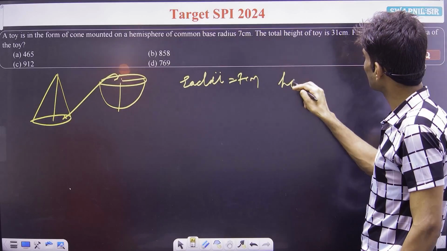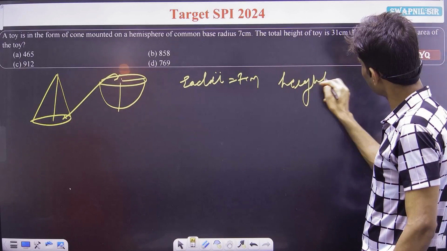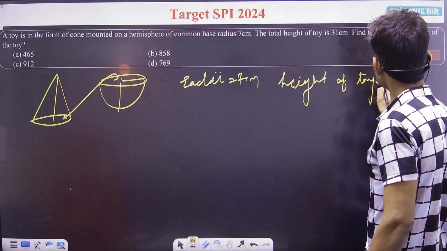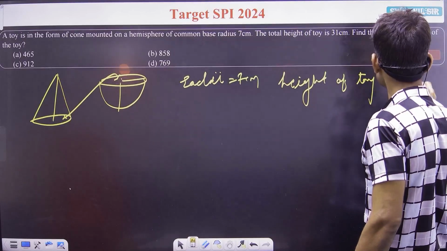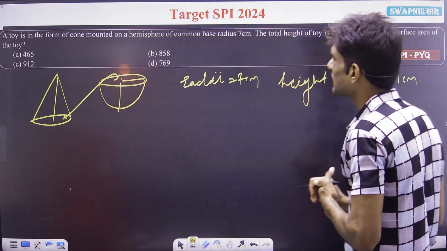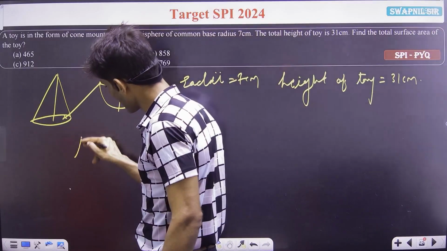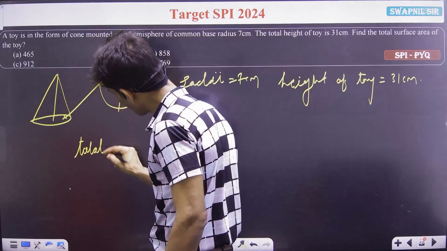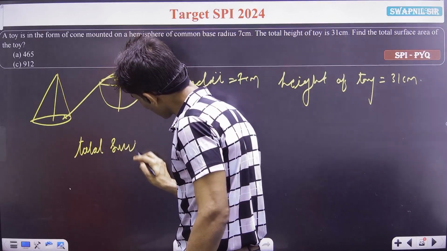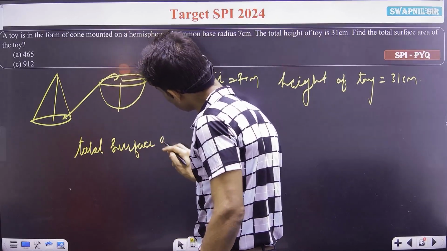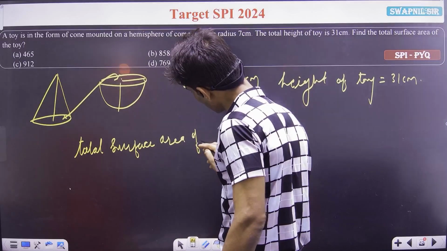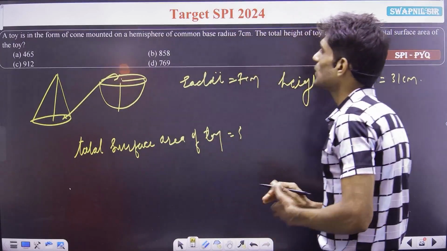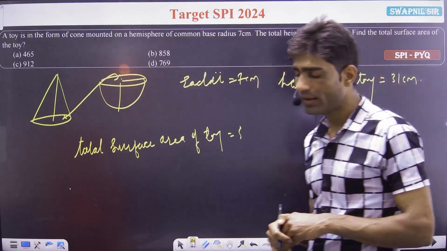The height of the toy is 31 centimeter. Then we want the total surface area of our toy.